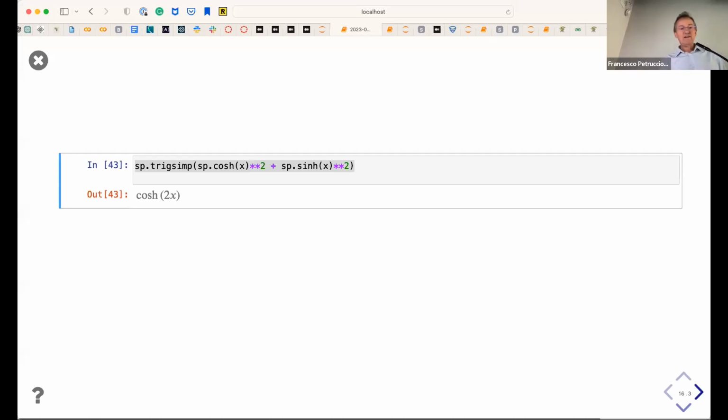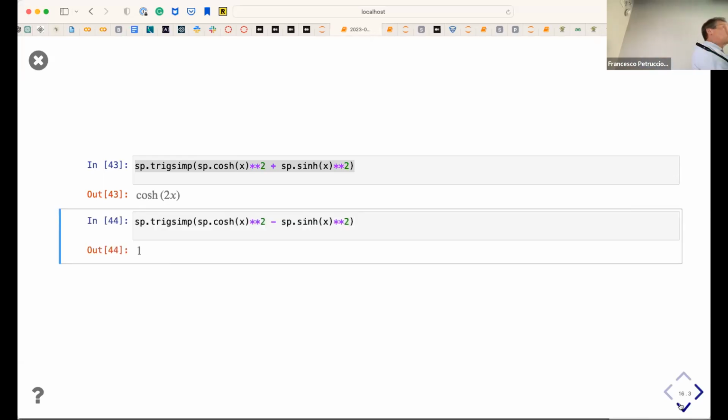If you have forgotten, you can try, maybe there was a minus somewhere. And if you do it with the minus, it's 1. So the beauty of SymPy is you can really use it as a formula collector. If you forget something, just type it in and bang, it comes out. That's probably much faster than to Google it, once you have a basic feel for it.